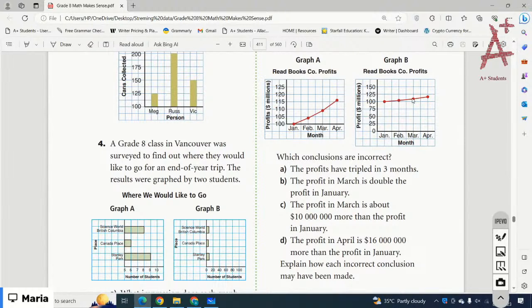In March, it is, that means the profit in March is greater than the profit in January, right? And you can see the profit in April is also much greater than the profit in January.